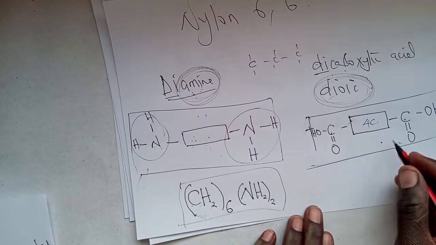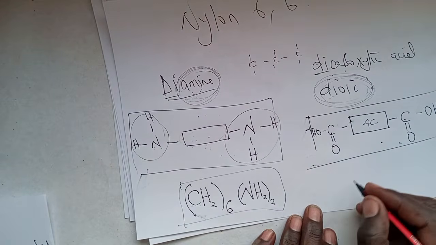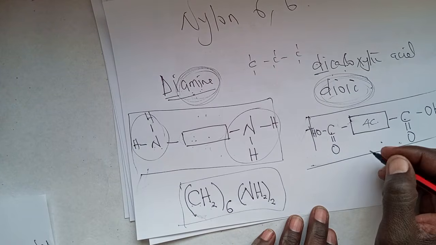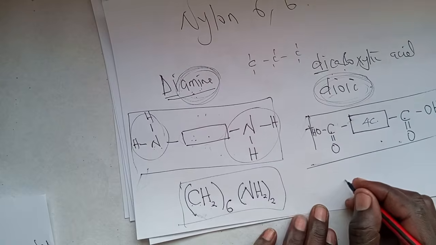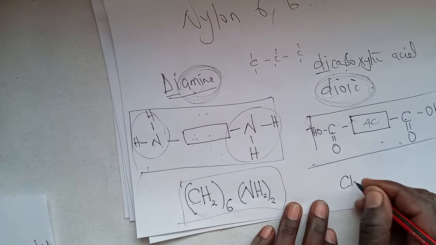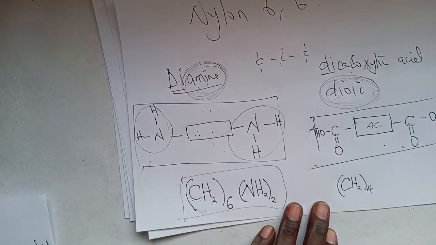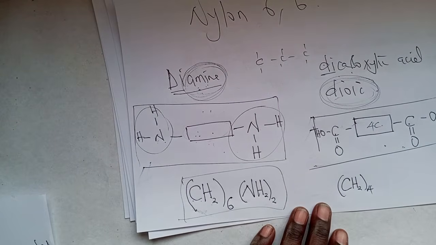What about this one? You need to understand that you have 4 carbon atoms here which are bonded to 8 hydrogen atoms, so you write CH2 in brackets with a 4. What else do you have?